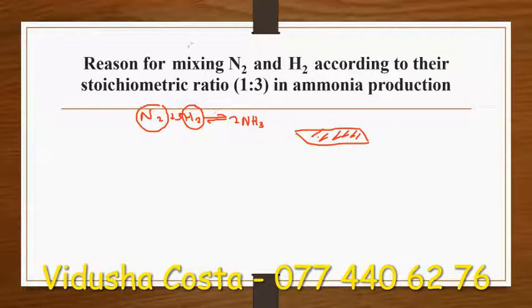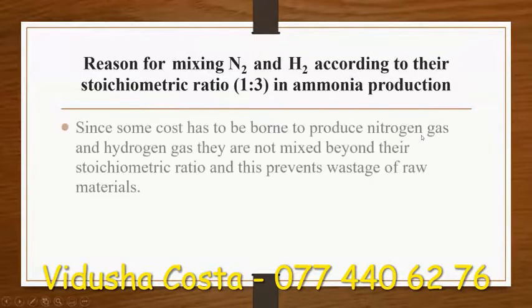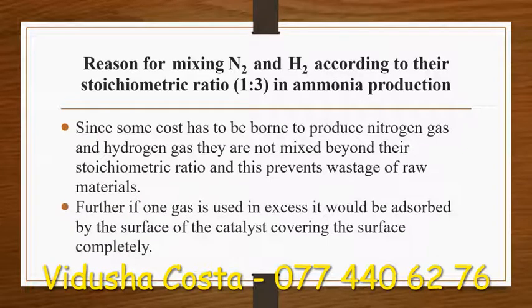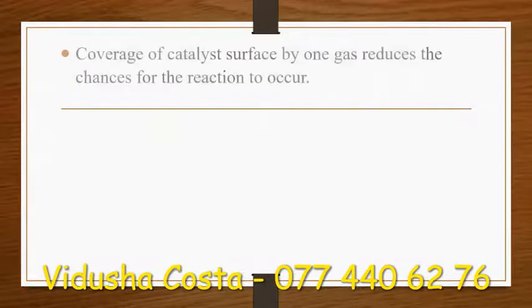So, if you go to details again, since some cost has to be borne to produce nitrogen gas and hydrogen gas, they are not mixed beyond their stoichiometric ratio, and this prevents wastage of raw materials. And further, if one gas is used in excess, it would be absorbed by the surface of the catalyst, covering the surface completely.